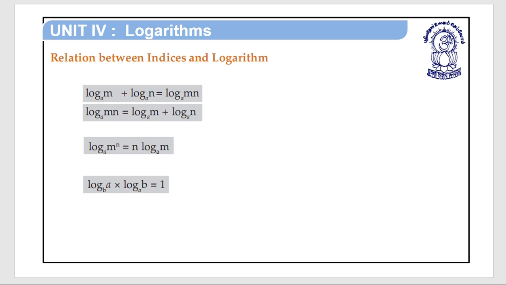Next, relation between indices and logarithm. Here log m plus log n to the base a is equal to log m into n to the base a. Take one example, log 2 to the base a and log 3 to the base a.